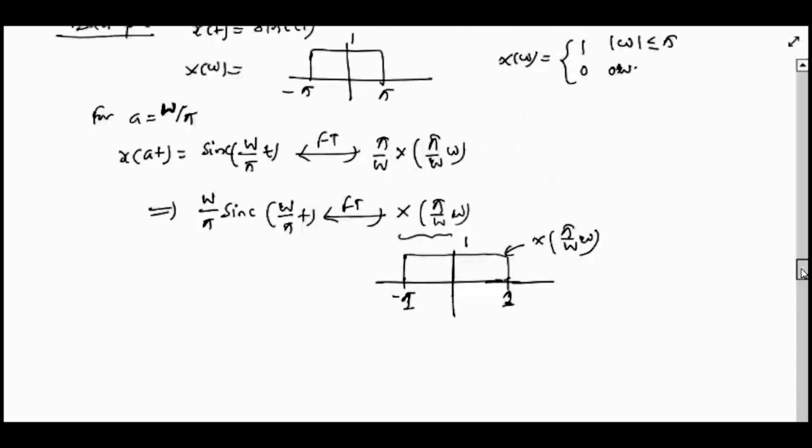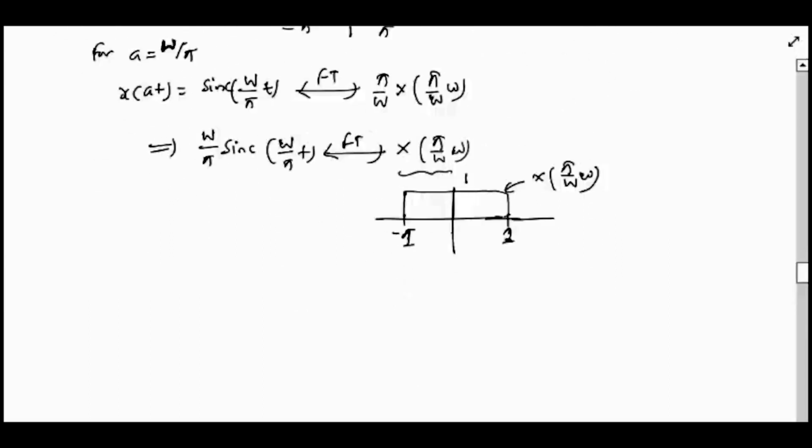Let's now see special uses of this time and frequency scaling property. This is a special case, but quite an important case, and this is when a is minus 1. Then the above property implies that the Fourier transform of x(minus t) is X(minus omega).